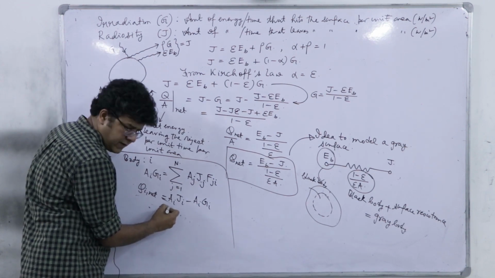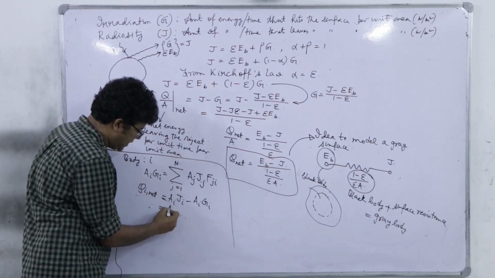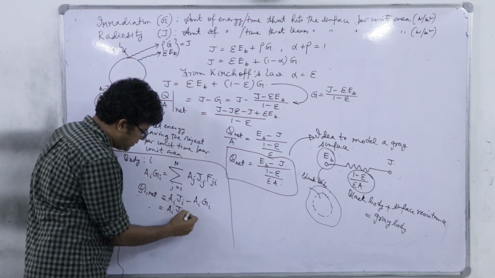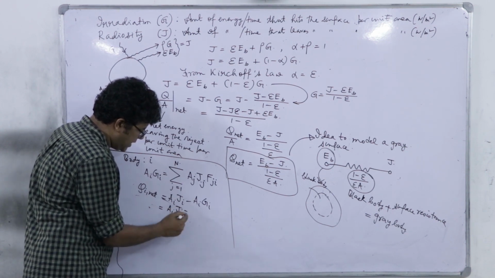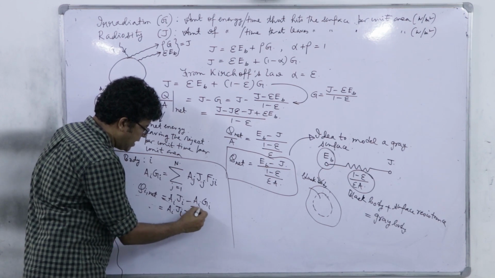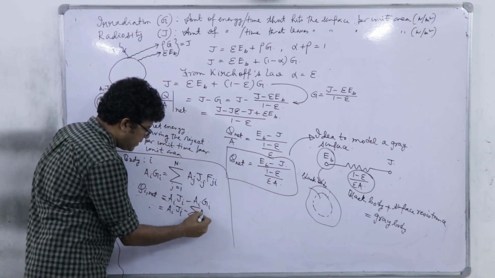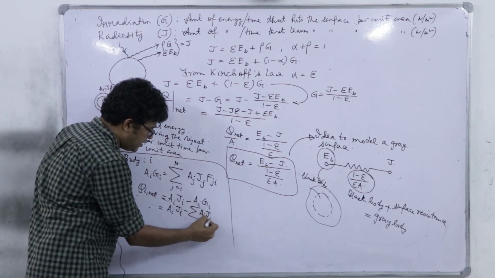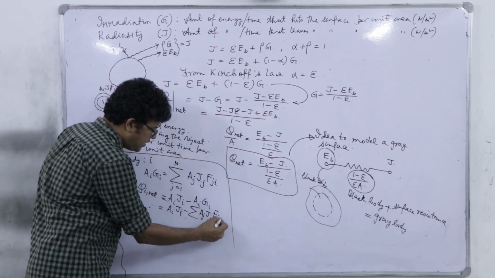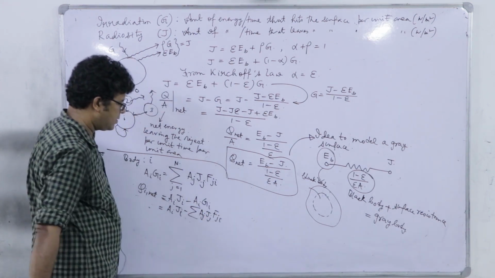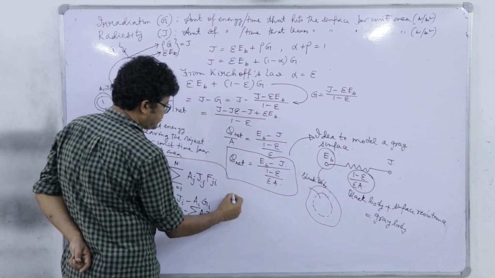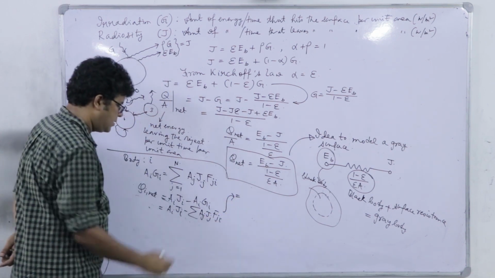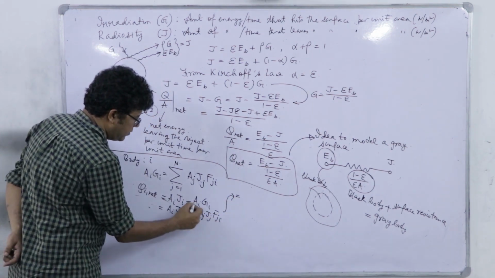This can be further simplified, and we can write Ai Ji minus the sum of Aj Jj Fji. Okay. Here it is a sum over j equal to 1 to n.